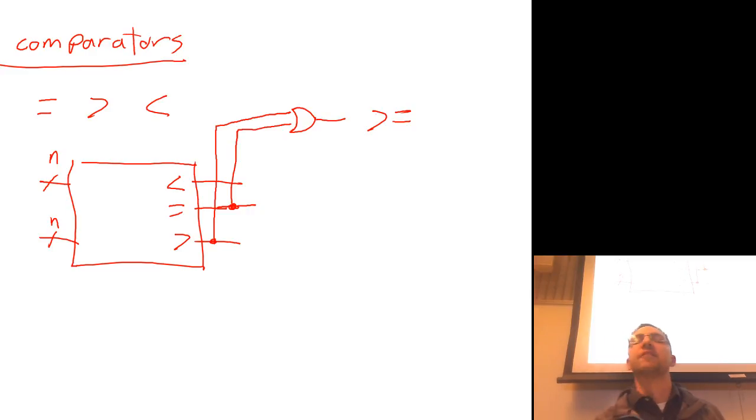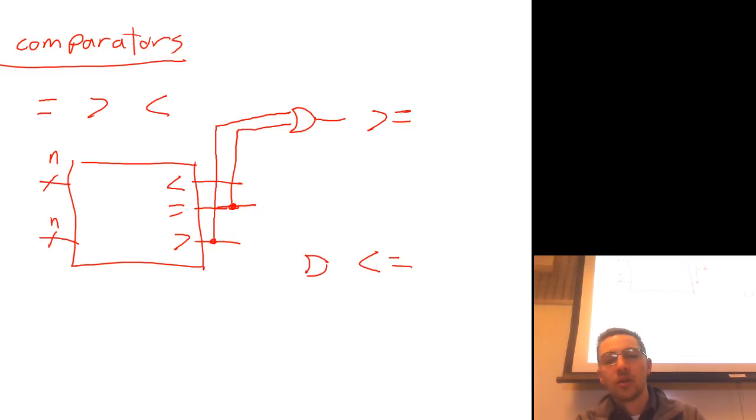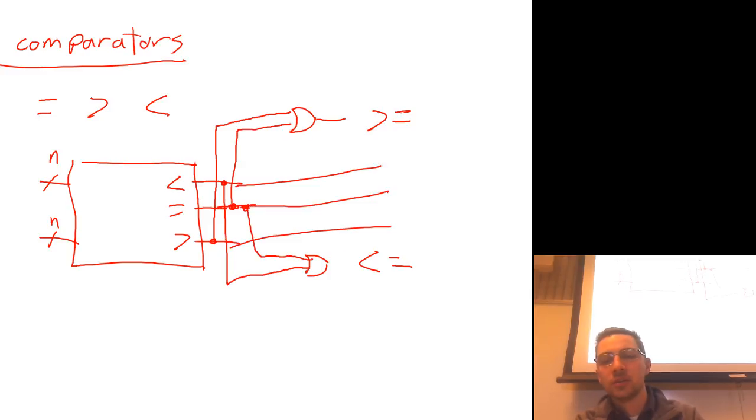It's in the definition of the term. Greater than or equal to is true if it's greater than or if it's equal to. And similarly with less than or equal to. Okay, let's take less than, equal to. And then you'd still have your less than, your equal to, your greater than.